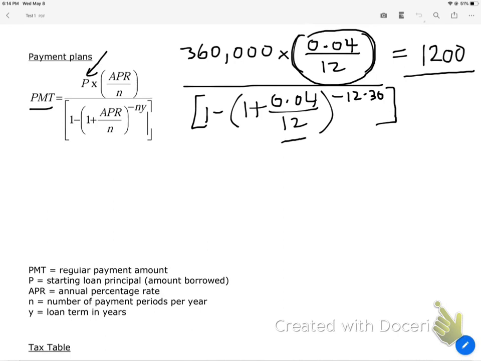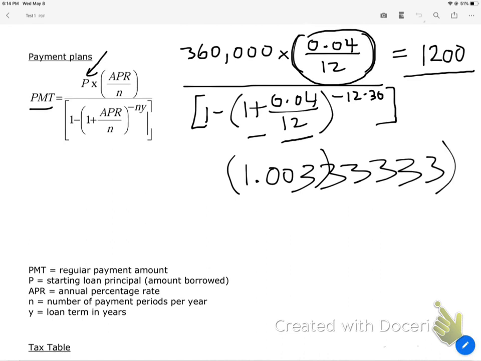So I'm going to do this piece first, 0.04 divided by 12, which equals 0.00333333. I'm now going to add the 1. So all of this inside the parenthesis is 1.003, and the 3 is going to keep on going forever.